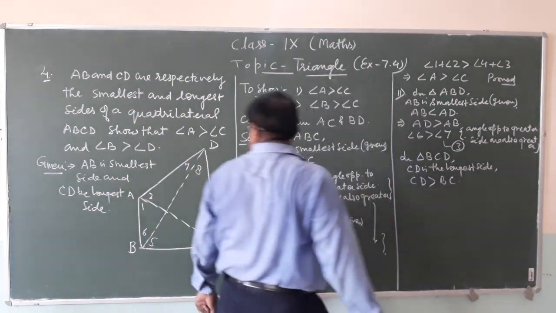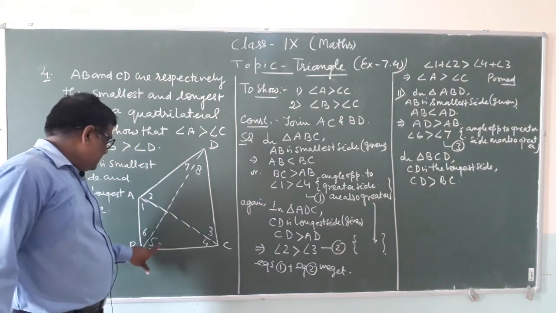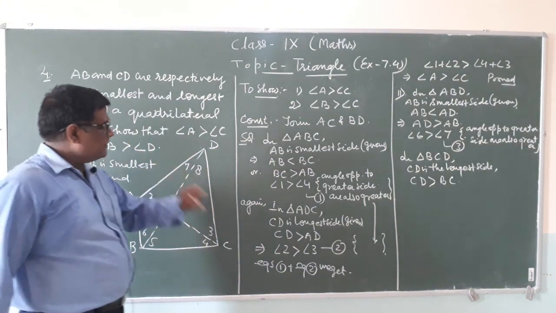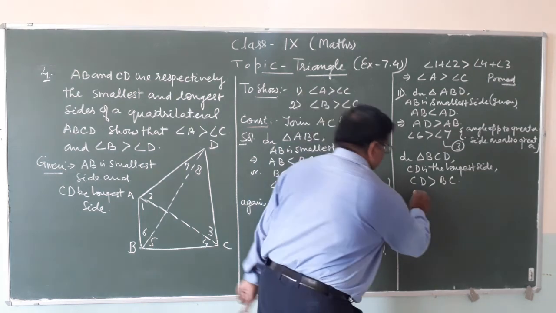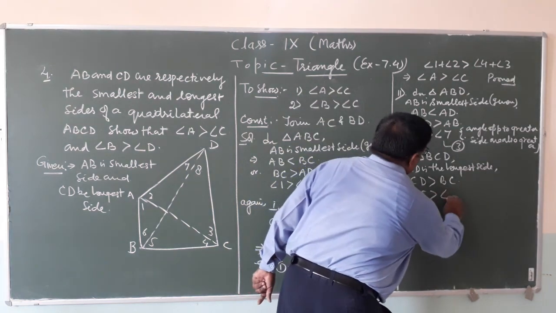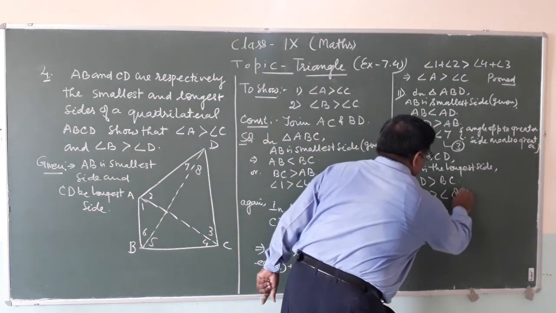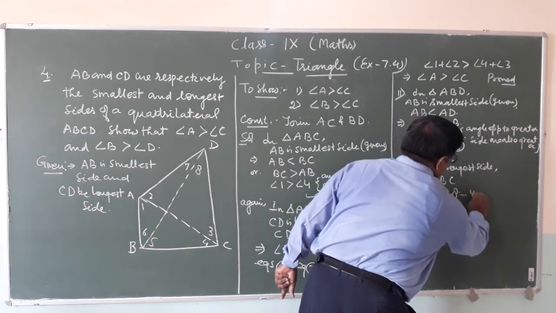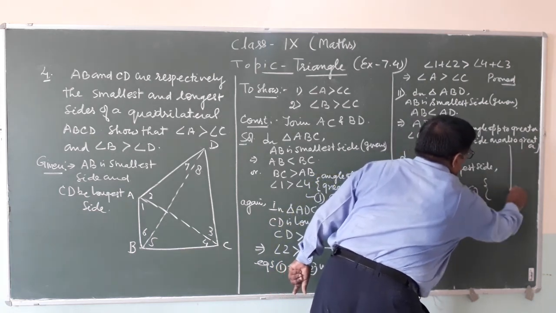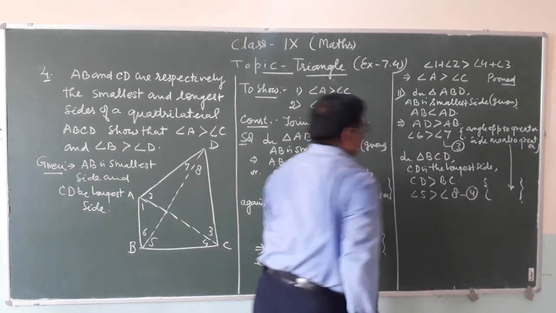And now, the opposite angle of CD is angle 5, and of BC is angle 8. So, angle 5 is greater than angle 8. This one is equation 4, and our reason is the previous reason.